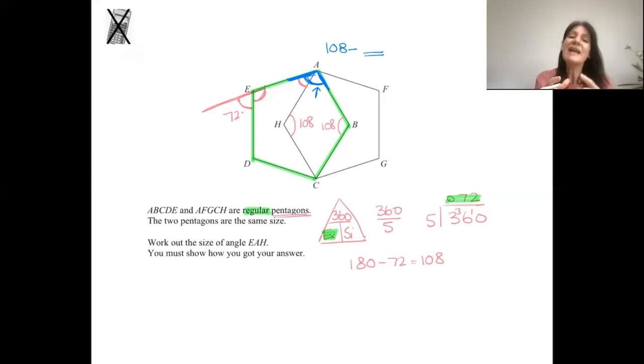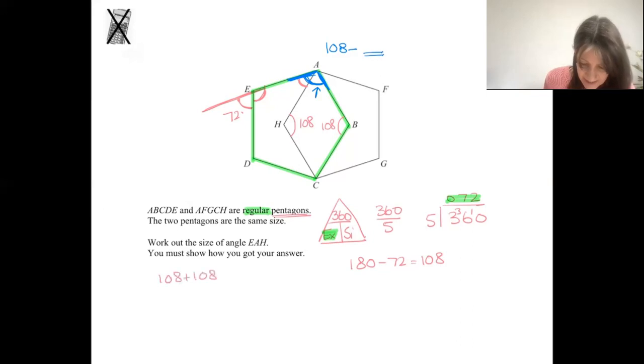So that's why I'm now focusing in on this quadrilateral that's been created by the overlap. These two are 108. If I add those together, 108 plus 108, that's going to give me 216. Quadrilaterals add up to 360. So if I do 360 take away the 216, that's going to give me 144.